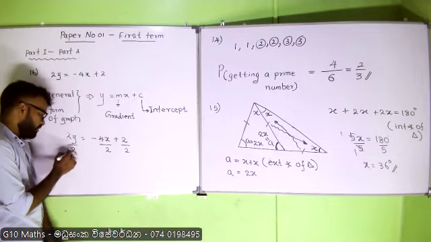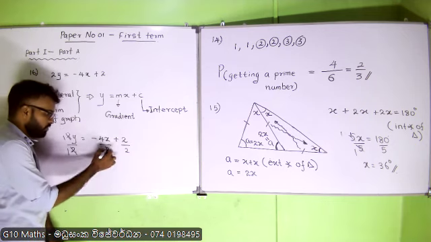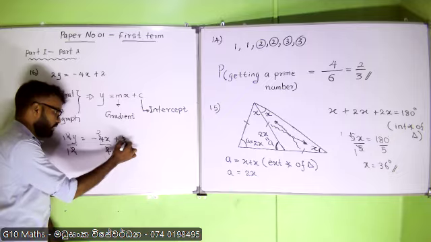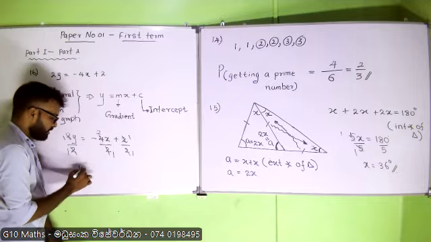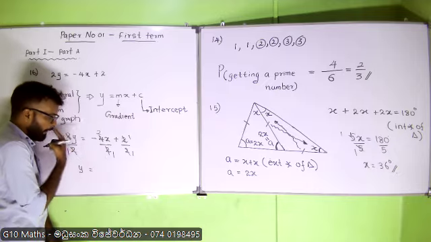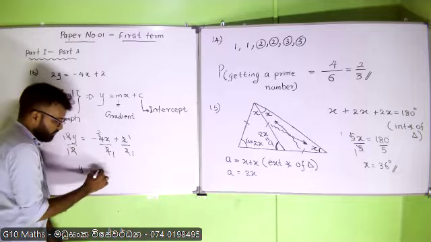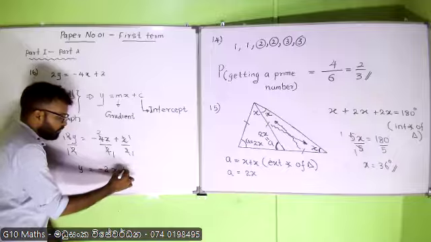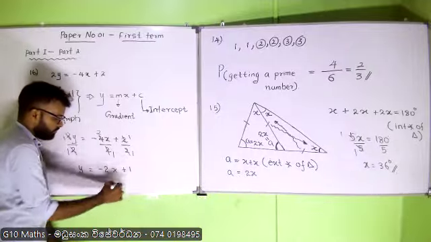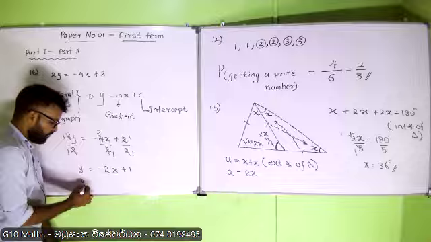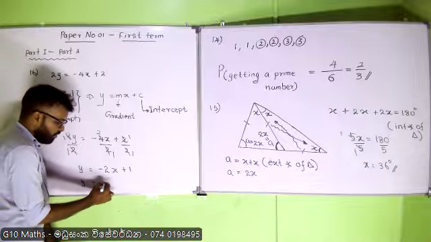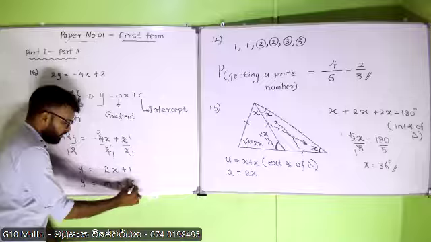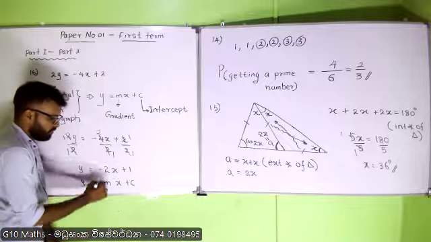In order to remove the 2, I am going to divide each and every term by 2. So y equals negative 2x plus 1. So now this is according to our general form.